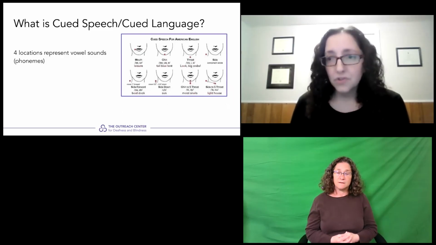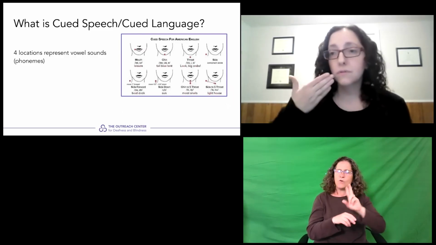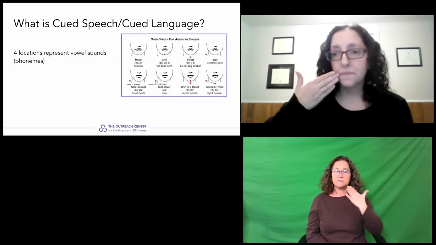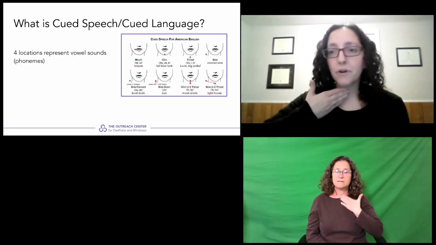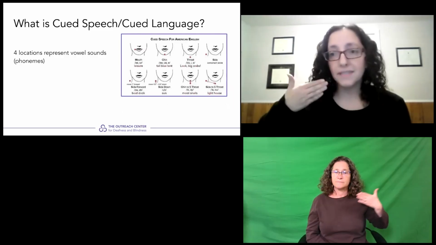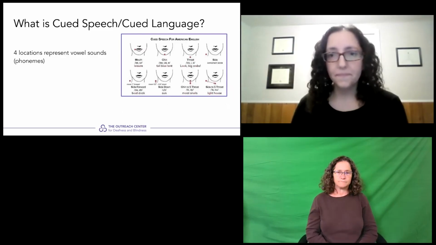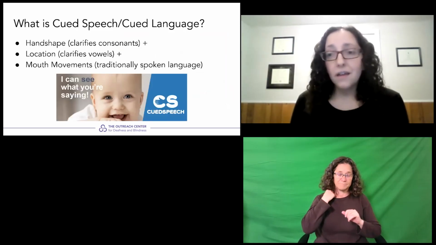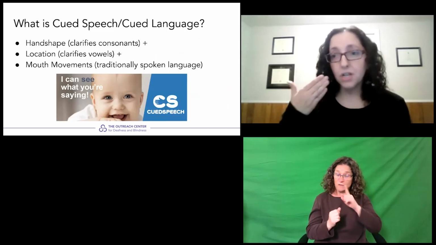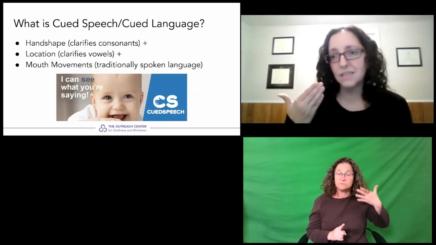The system also has 4 locations for the vowels. So by the mouth, by the chin, by the throat, and at the side. And then a hand shape plus a location together. So the hand shape clarifies the consonants.